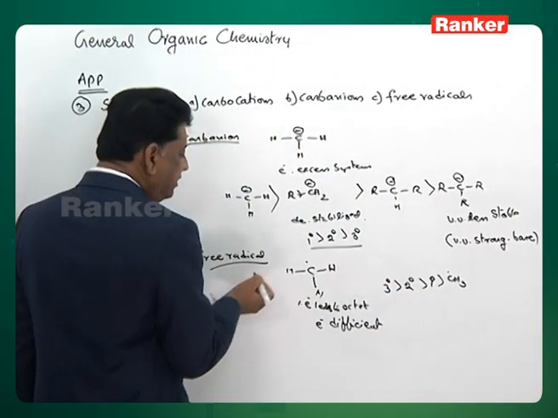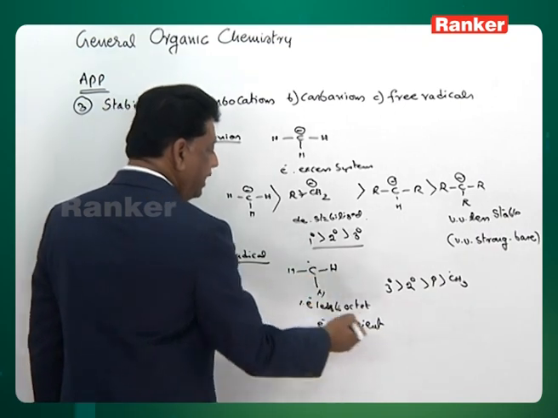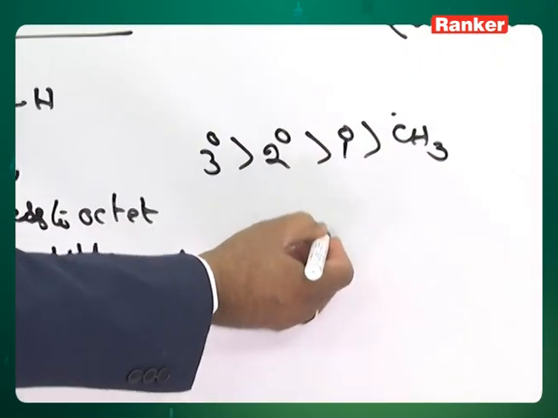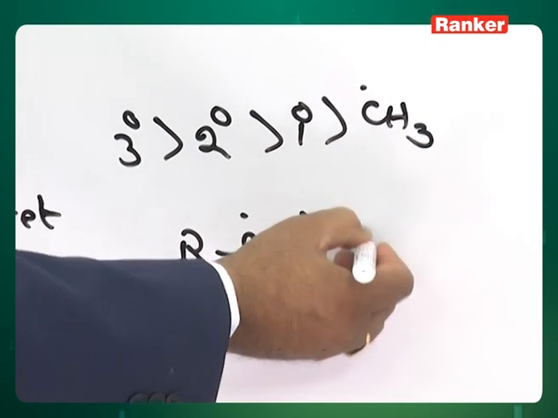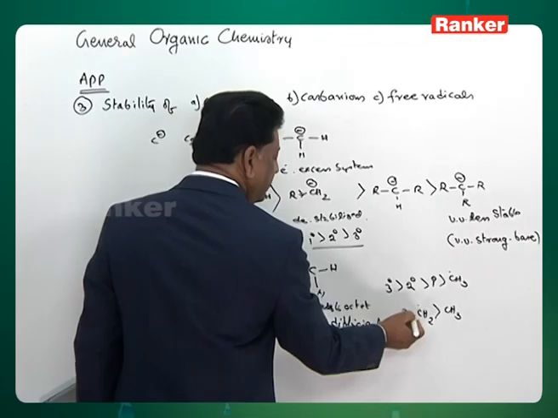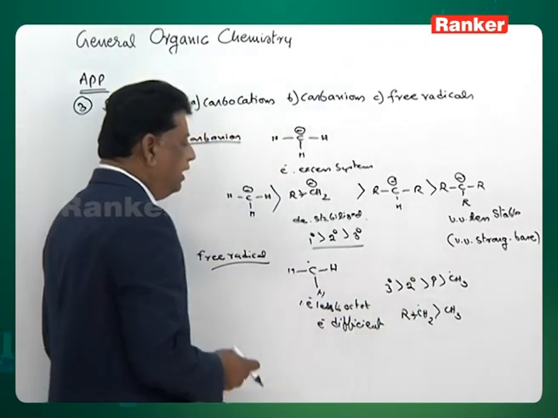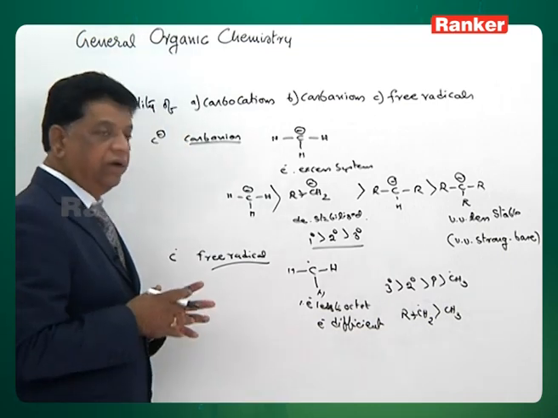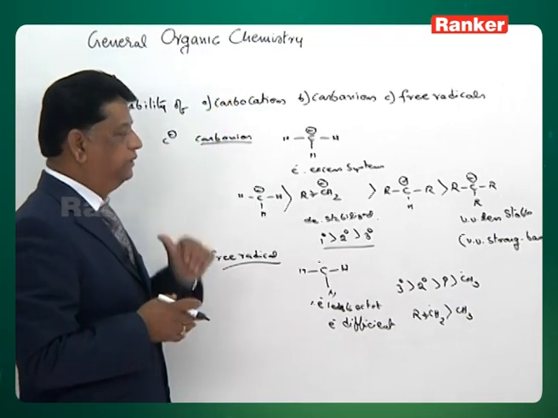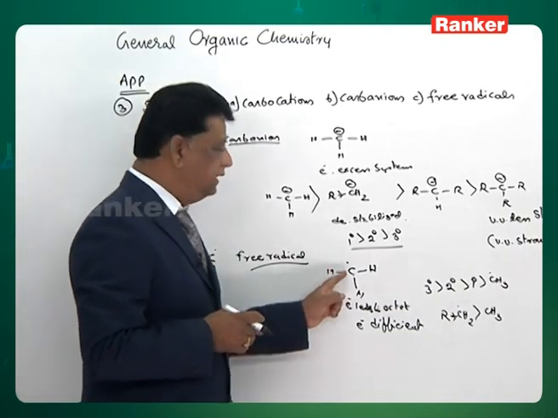Because of the deficiency, the more the alkyl groups, the more stable it is. The alkyl group attached to CH2 is more stable than only CH3, isn't it? Because the deficiency is there. Only thing is, the positive charge is a greater deficiency than this free radical.